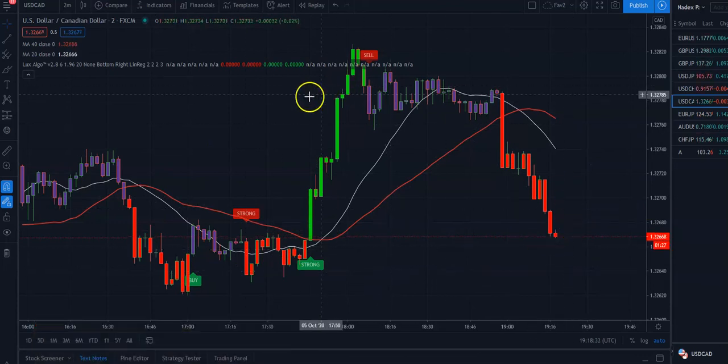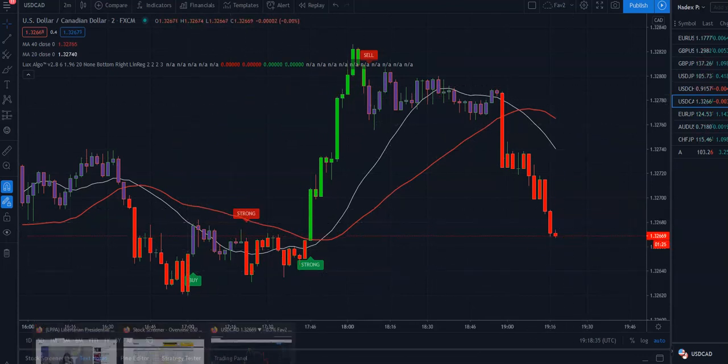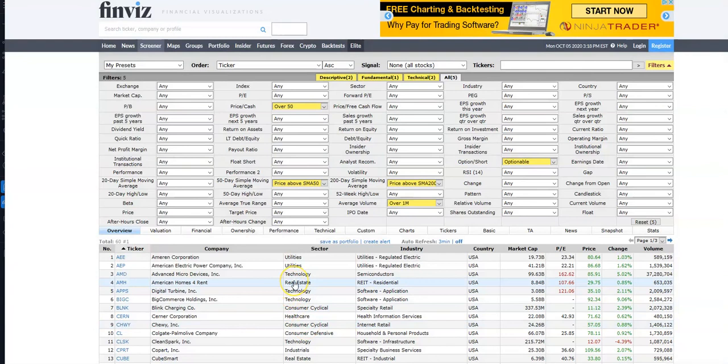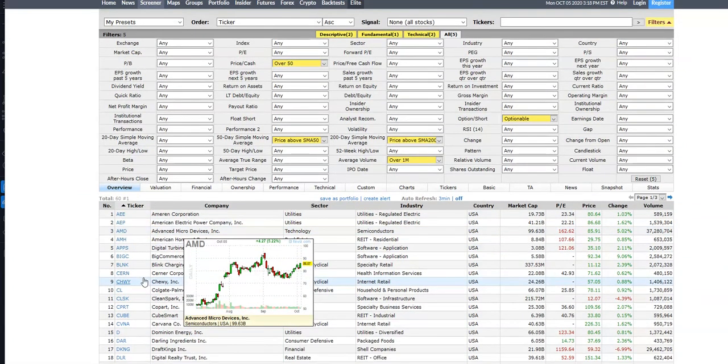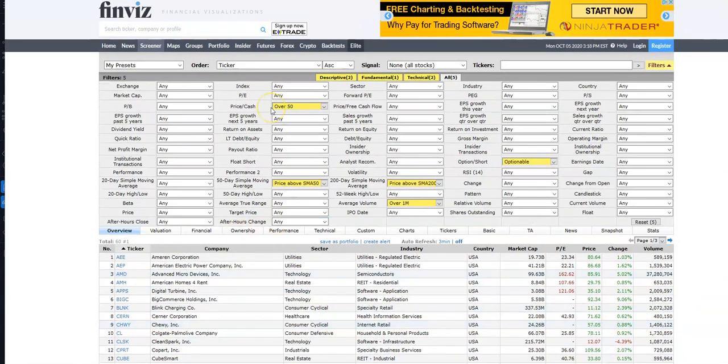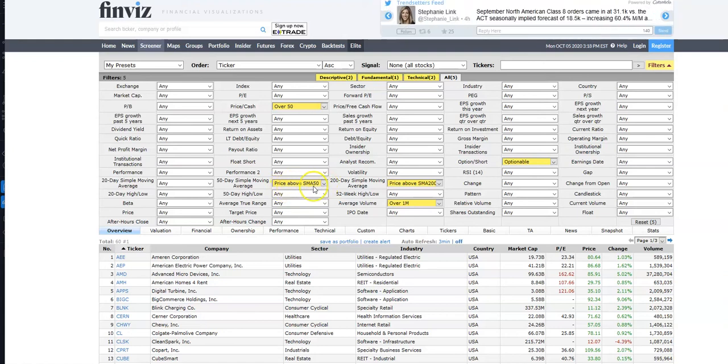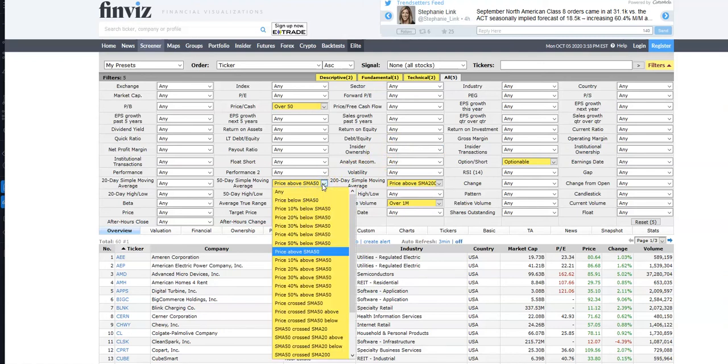And the next thing I'm going to do is try to find my next option play, and I use this website, Finviz, to find it. This is how I found my other option play, and I basically have price over $50, just to help weed out some of the choices. Price over the 50, I should change that to over 20. But let's see.